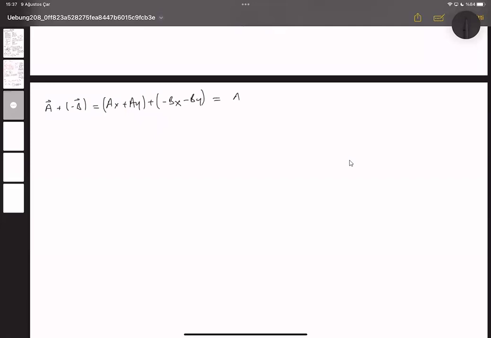So it makes ax minus bx plus ay minus by again. We don't use vector multiplication in our work, so the dot product or cross product is not in our course.